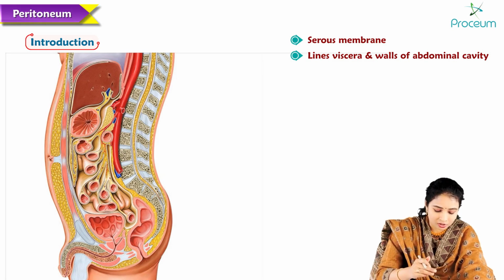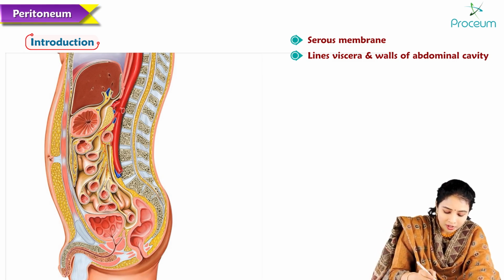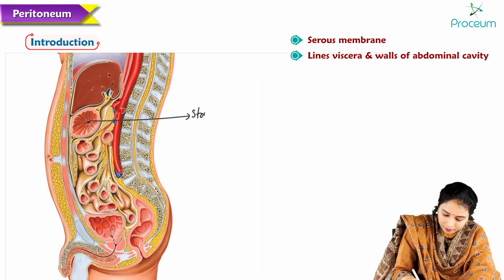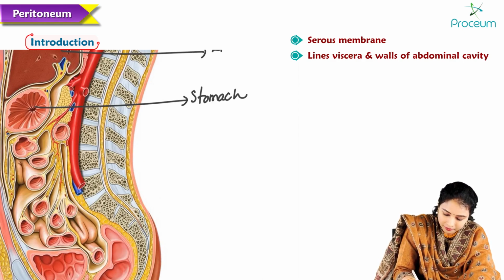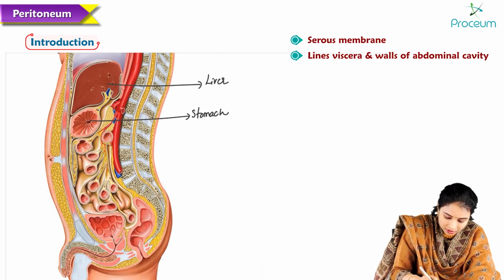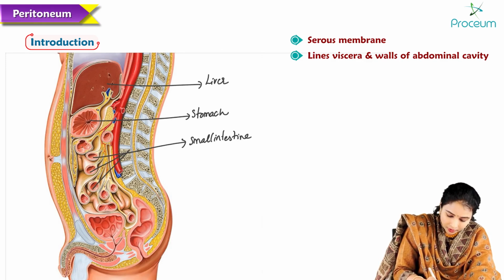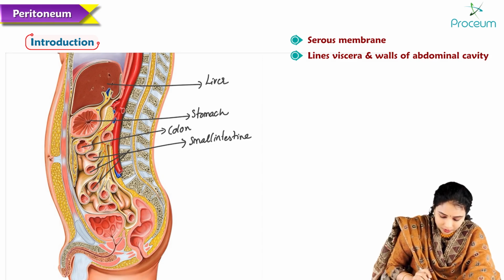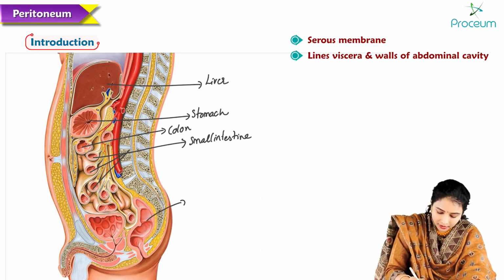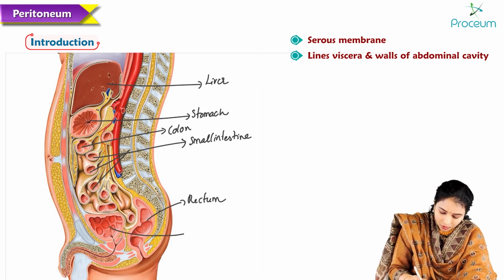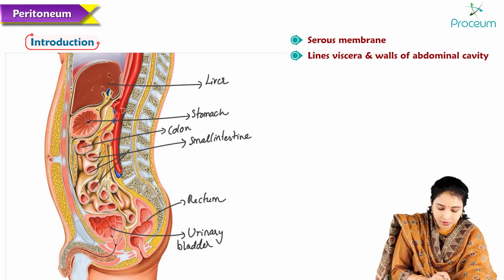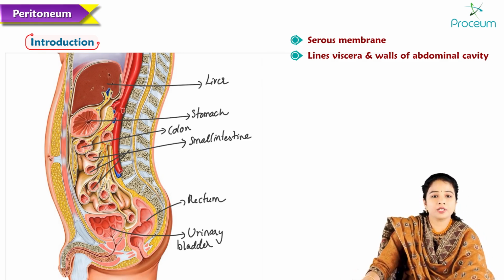So the sagittal section shows the reflections of peritoneum around the stomach, liver, and we can see the cut sections of small intestine, and we can also appreciate part of colon, that is the transverse colon, and here is the rectum, urinary bladder. So this is a male pelvis showing the peritoneal reflections.